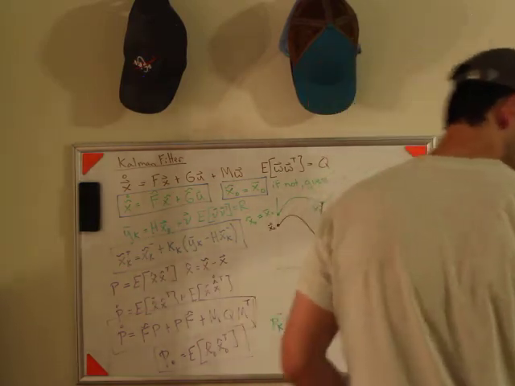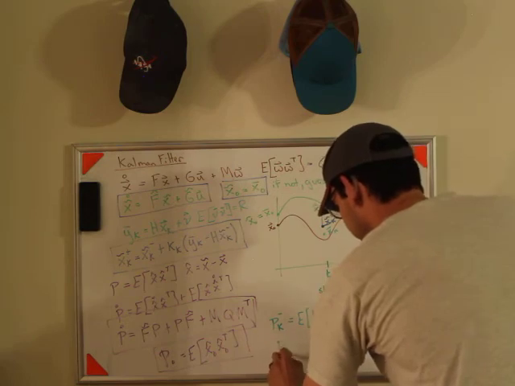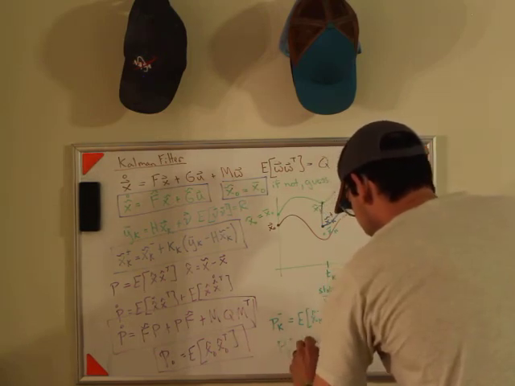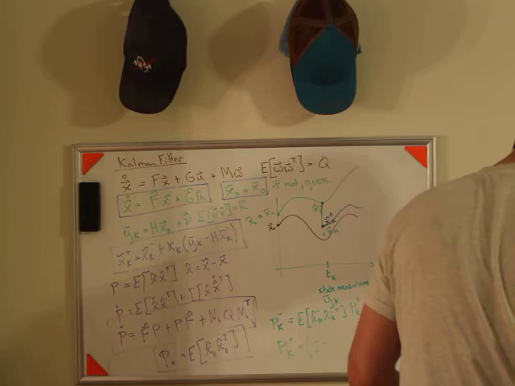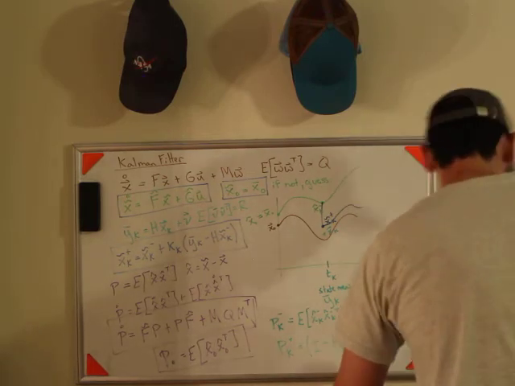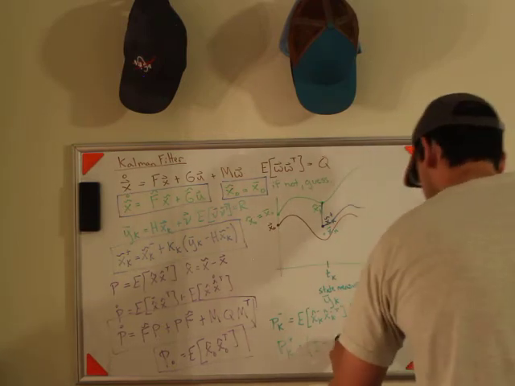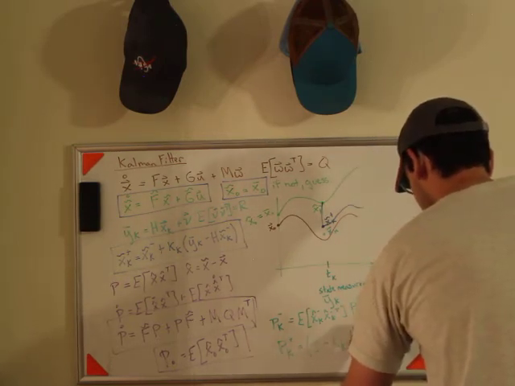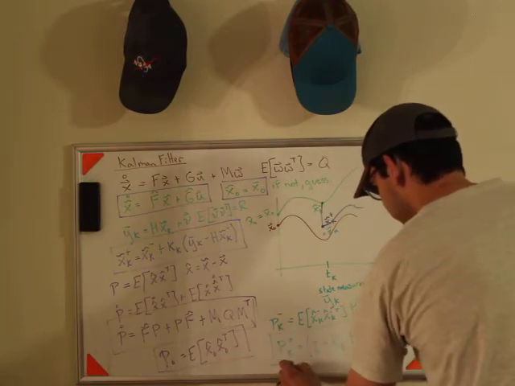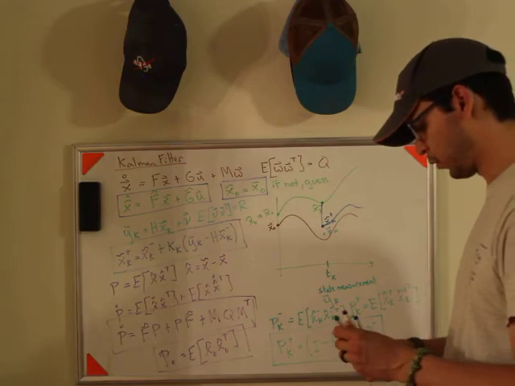You can shake all of this out, and what you end up getting is Pk plus equals the identity matrix minus Kk, the kth iteration of the Kalman gain matrix, times H, times Pk minus. Okay? And that is your update for your covariance.